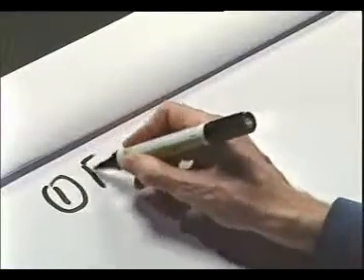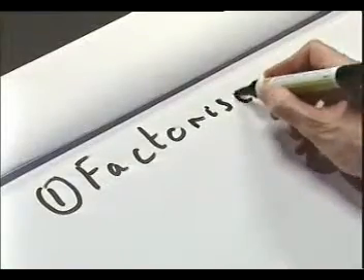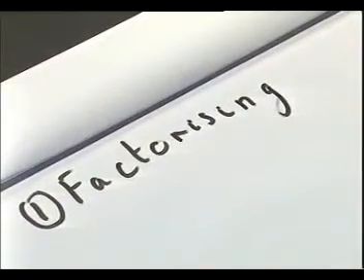There are 4 basic ways. First way is by factorizing. I'm going to assume that you know how to factorize, but there is another section of the video that is to do with factorizing quadratic expressions. So if you're not sure how to factorize, perhaps it would be a good idea to look at that.